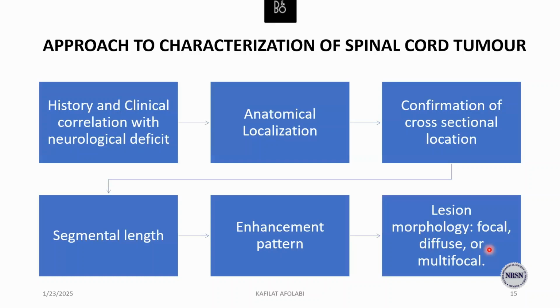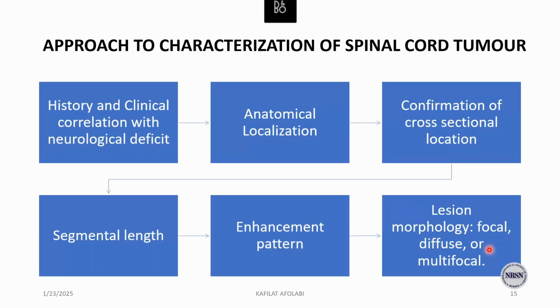First, history and clinical correlation with neurological deficits is very important. This is one aspect of radiology where you want to make sure that you get your history, including age, duration of symptoms, and any other associated clinical findings right before you properly characterize the tumor for more accurate diagnosis.